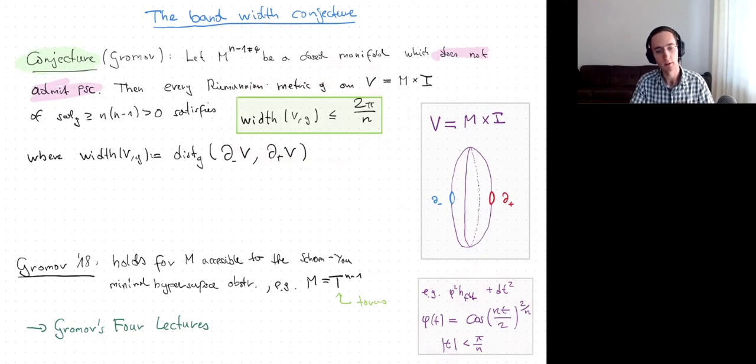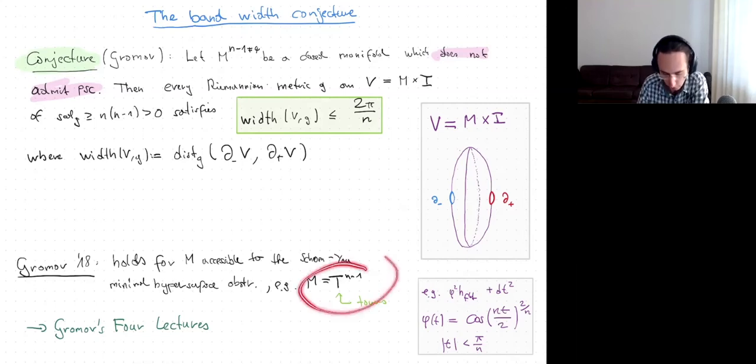All right, and Gromov in his recent metric inequalities paper proved this essentially for all the manifolds which are accessible to the Schoen-Yau minimal hypersurface methods. So for all these manifolds where you can show using the Schoen-Yau minimal hypersurface method that it doesn't admit PSC, you will be able to get such an inequality.